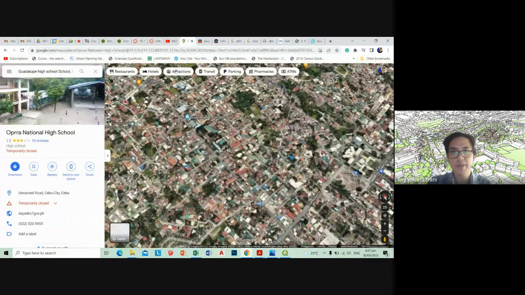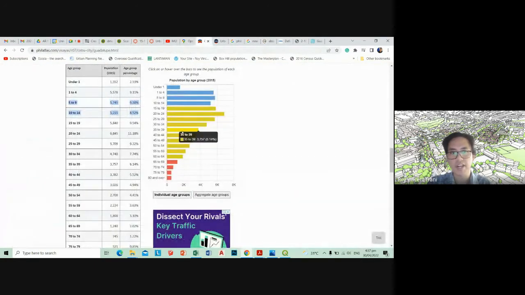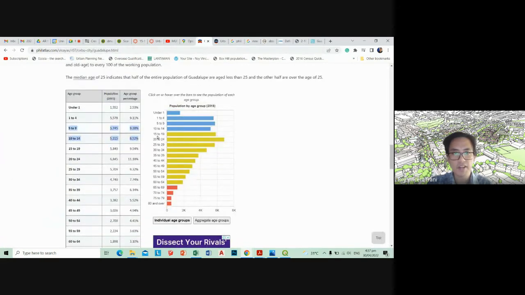but the key thing here is you need to look at the demographics. So in Guadalupe, for example, most people are in the 15 to 30 range. So 15 to 30, that's 9 plus 11, 20%, plus 9, 29%, plus 7, 36%. So a big chunk of the population is here.